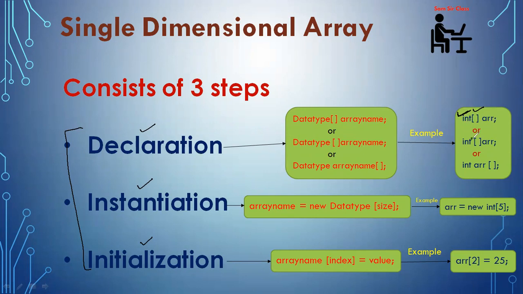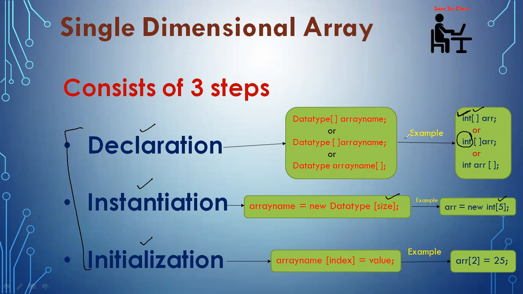Here you are specifying what type of value you want to store by using the concept of an array. In instantiation, you are bound to provide the size so that it is understood how many different values or memory blocks you need.